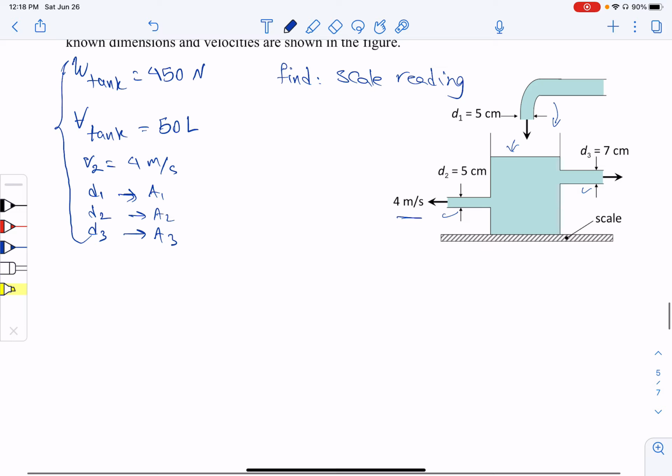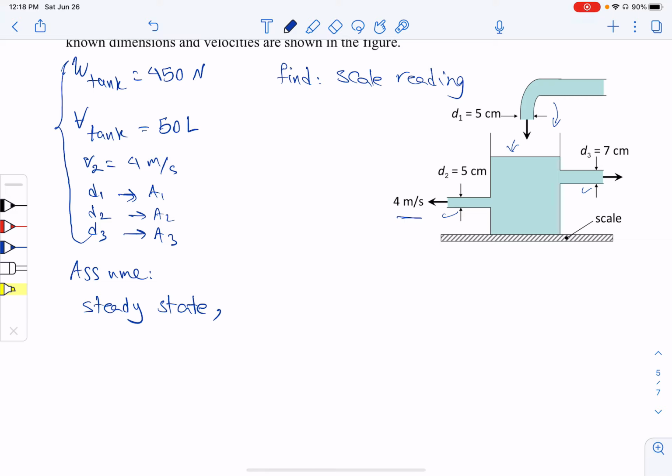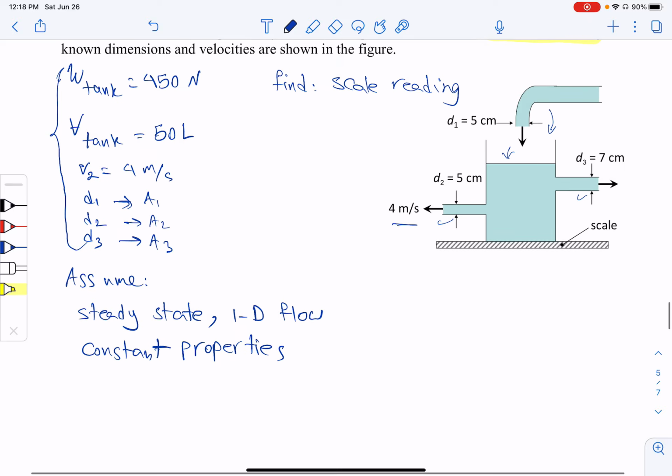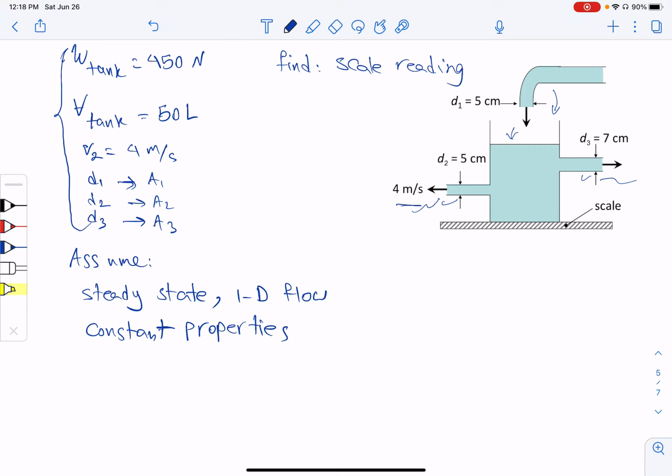Now let's write down also our assumptions. In the question, it said to assume a steady state. Also, we can say that it's one-dimensional flow. We have constant properties. And also all of the pressure is at the atmosphere; we can just assume that the atmospheric pressure acts everywhere.